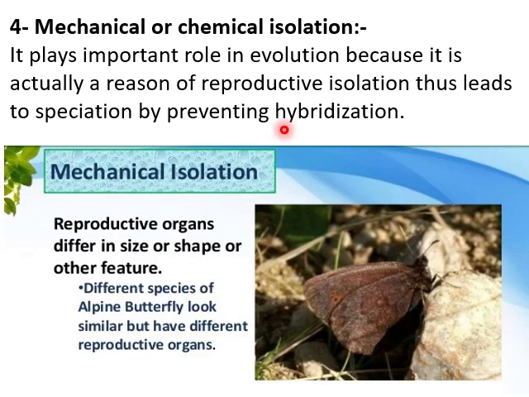If two different species interbreed with each other, then the mechanical or chemical isolation may prevent the development of offspring. There is an example in which you can see alpine butterflies that look similar but have different reproductive organs.